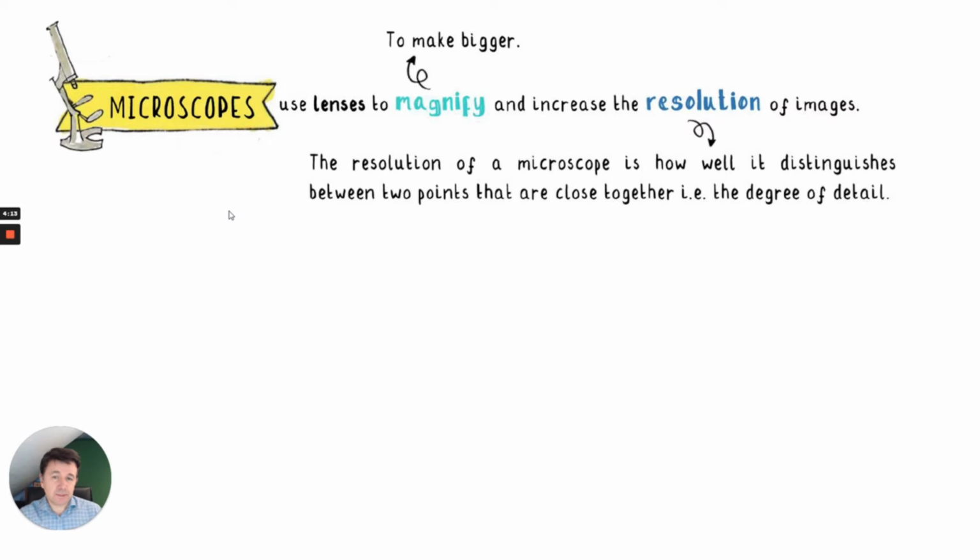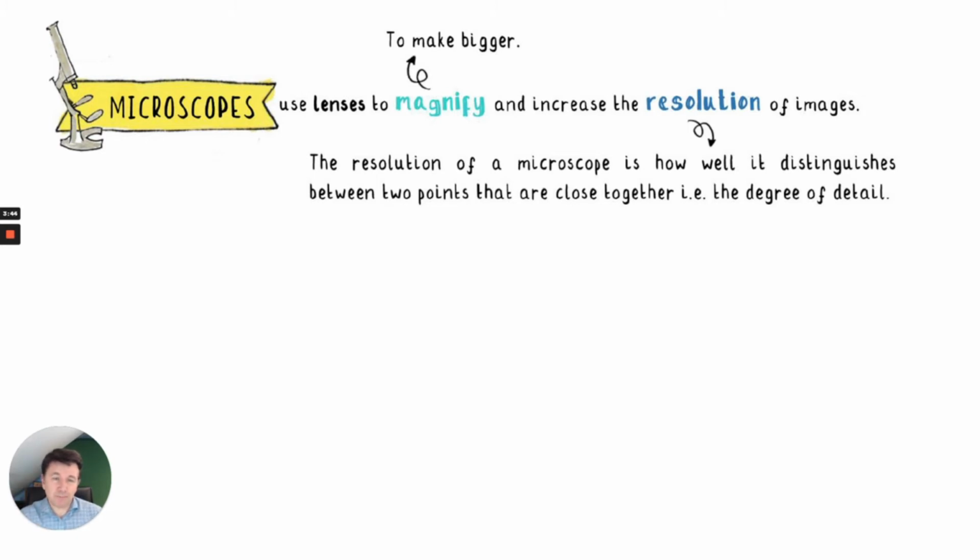So microscopes use lenses to magnify, or make bigger, and increase the resolution of images. The resolution of a microscope is how well it distinguishes between two points that are close together. So it's the degree of detail. The best thing I can describe is if you look on your mobile phone camera, you'll notice that if you try to look at things at great distances, it might lose its resolution.